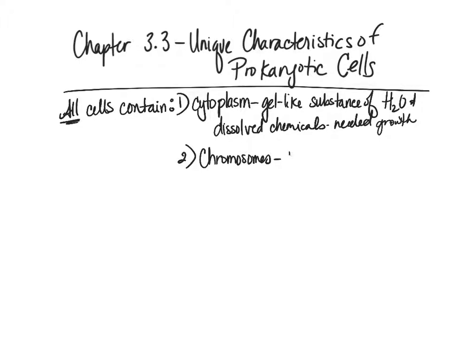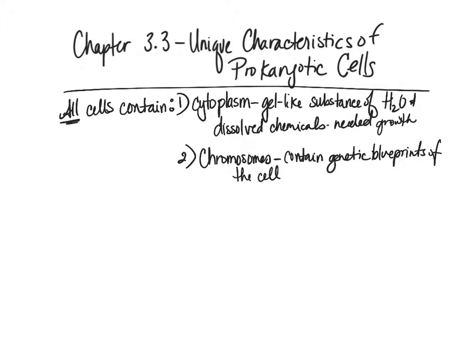But remember that chromosomes are going to contain the genetic blueprints of the cell. So all of the genes are contained within the chromosomes. And of course, in eukaryotic cells, we have many chromosomes. In prokaryotic cells, there's a single chromosome.